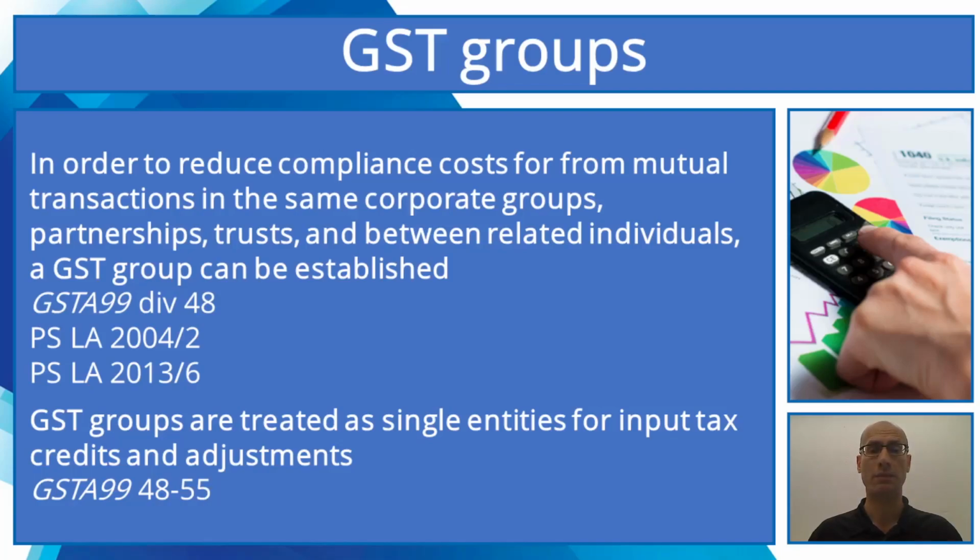In order to reduce some of these compliance costs, where you've got transactions between entities that are related to each other, because there's ultimately no difference from the commissioner's perspective, where you've got a related entity buying and selling goods or services between each other, because one is going to claim input tax credits and the other one's going to have to pay the equivalent amount, you can set up a GST group whereby the intra-group transactions are going to be essentially disregarded as part of this process. So you are reporting as one entity.